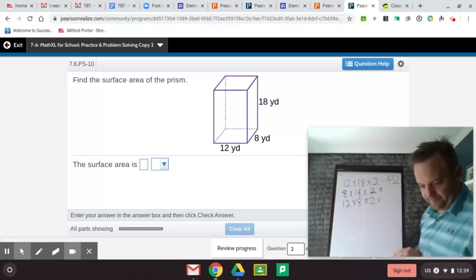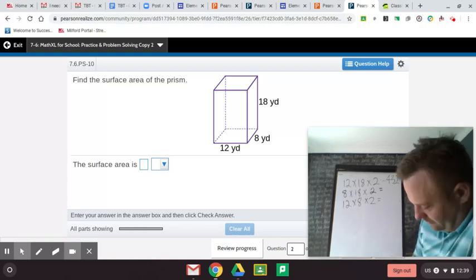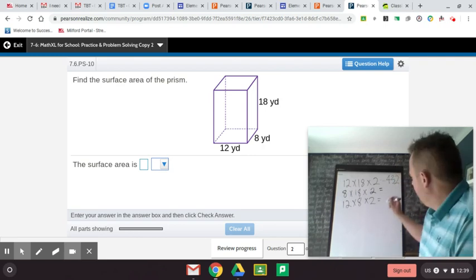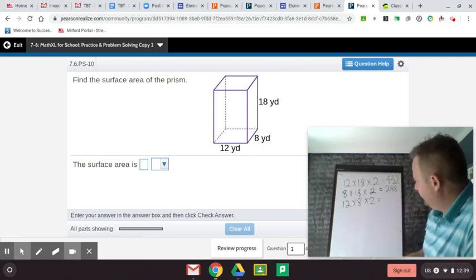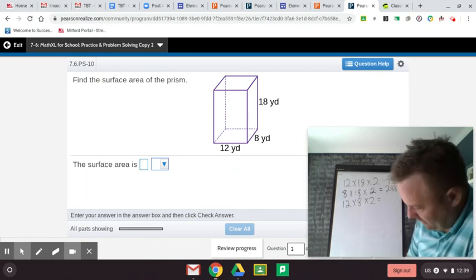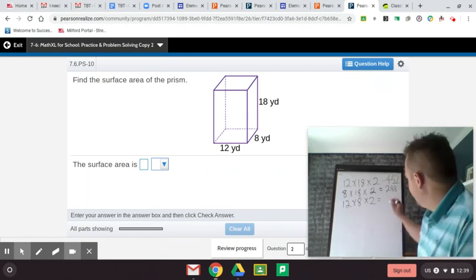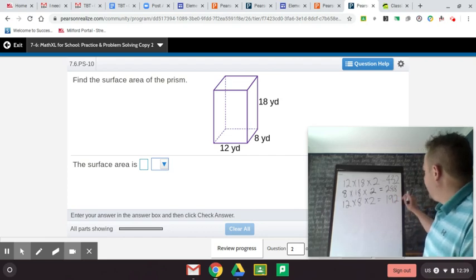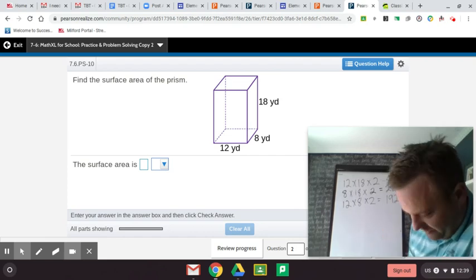432 for this one. 288 for that. 192 for this one. And now we're going to add these all up to find the total.